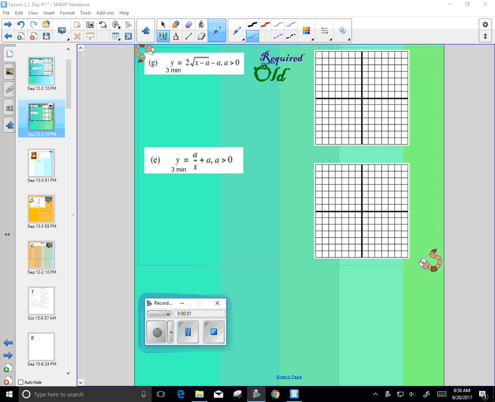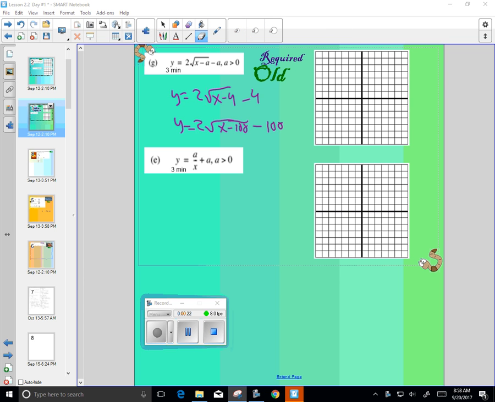So here are two problems having to do with what we call A problems because they can be any constant. Instead of writing y equal 2 square root of x minus 4, or y is equal to 2 square root of x minus 100, we can account for all of these by just calling it a, square root of x minus a.